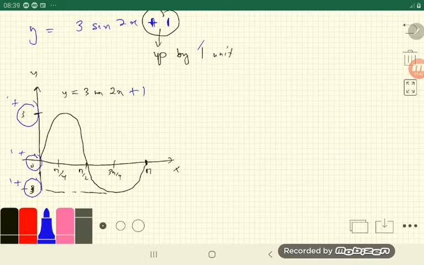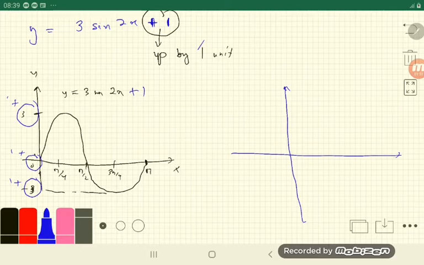So instead of having the values of 3, 0, and negative 3, now we are going to have new values in our y-axis. So negative 3 plus 1 will be negative 2, and here will be 1, because 0 plus 1, and 3 plus 1, again you are going to get 4. So now you have a new border.